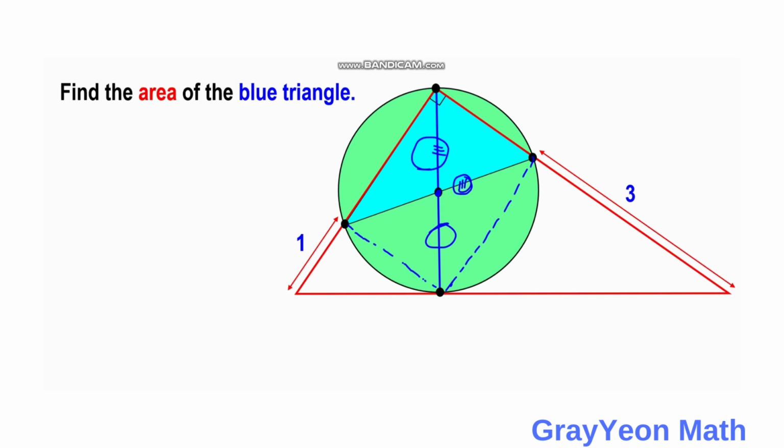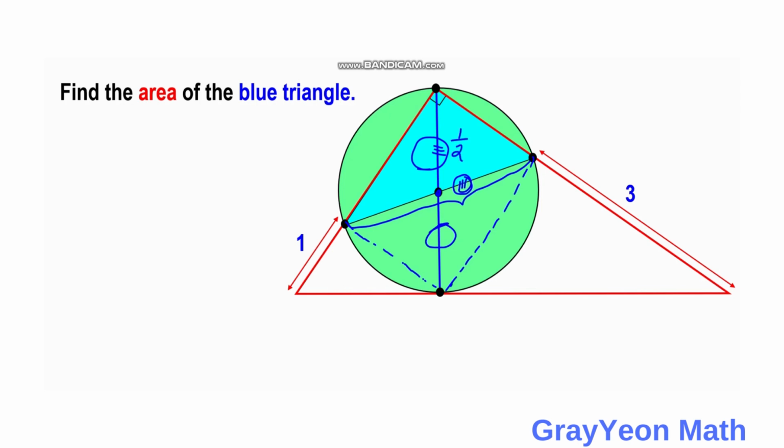So as you can see, if this diagonal divides this rectangle, then this triangle is half of this rectangle. This blue region is half of this.